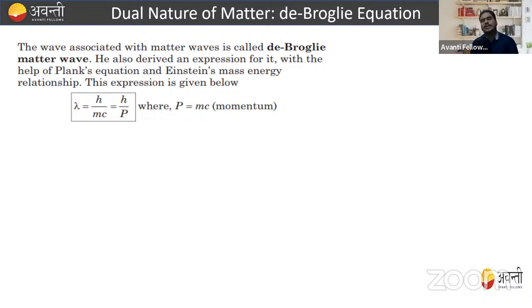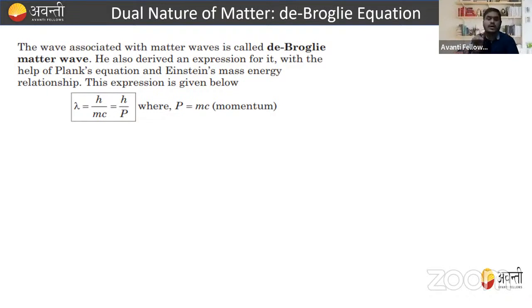So de Broglie comes and says, okay, if you assume that light has wave nature, and you can also say that the light behaves like a particle, what does it mean?